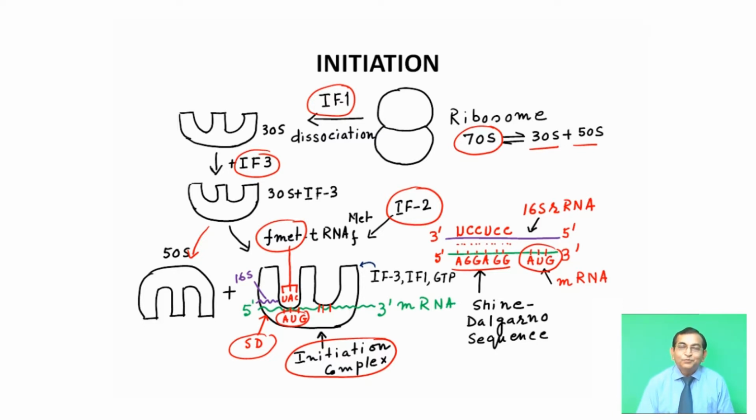As a result of the formation of the 70S ribosomal unit, the initiation process is complete. After the completion of the initiation process, the elongation process starts.